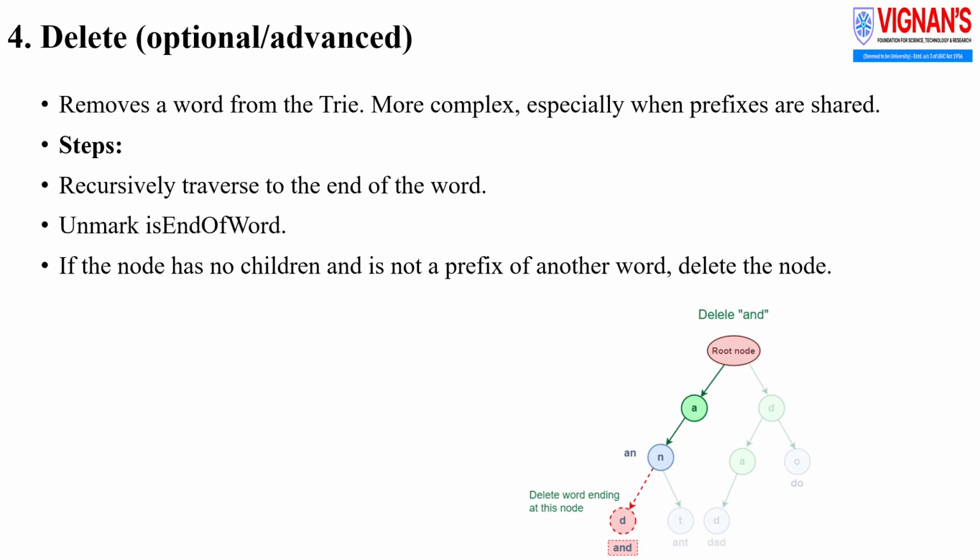Once the end of the word is reached, the end-of-word marker is unmarked. If the current node has no children and is not a prefix of another word, the node is deleted. This cleanup process may continue recursively toward the root. In this example, the word and is deleted, while other words sharing the same prefix remain unaffected.